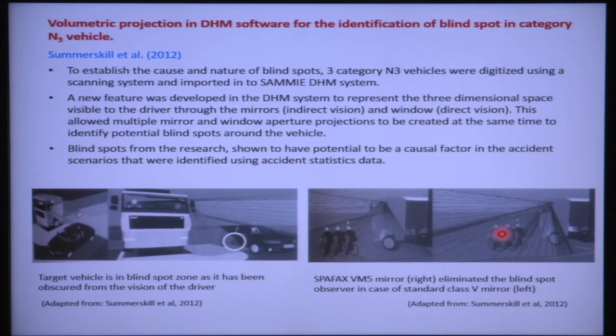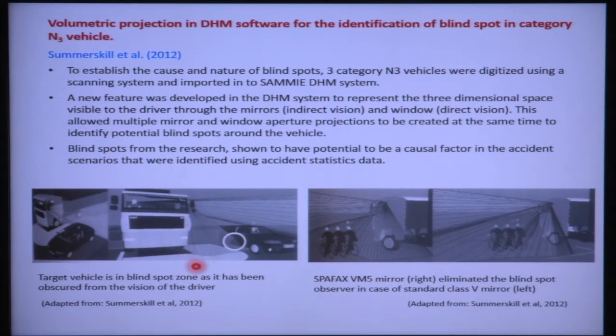This observation was very important, because the existence of this type of blind spot zone around the vehicle may lead to different types of accidents. So, blind spots from the research have been shown to have the potential to be a causal factor in accident scenarios that were identified using accident statistics data.